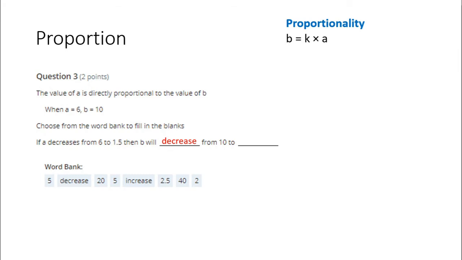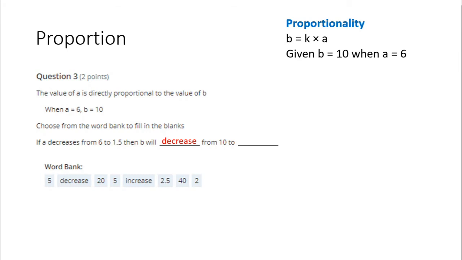Now, how much it decreases, let's work that out. Given that B is equal to 10 when A is equal to 6, let's work out what K is, our constant of proportionality. Because once we've got that, we can work out the A or B values regardless of the value of the opposite one.